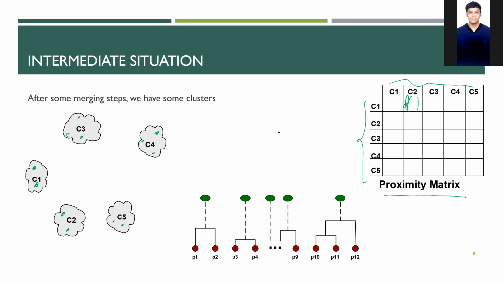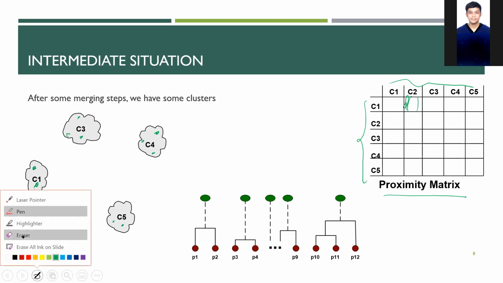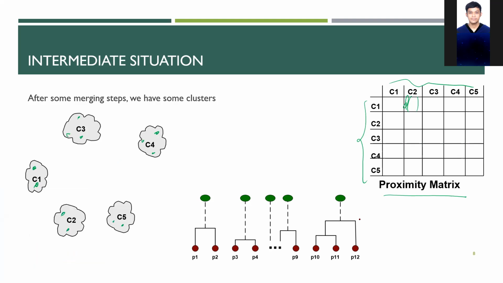We can use many measurements to represent the proximity matrix. Maybe the easiest one, because we learned about k-means already, is to calculate the centroid of each small cluster. For example, for C1 we have data 1 and data 2, then we calculate the average, and maybe this one is the centroid.